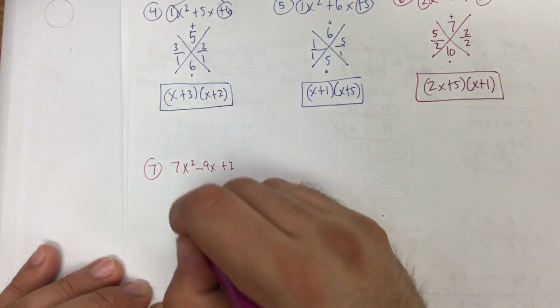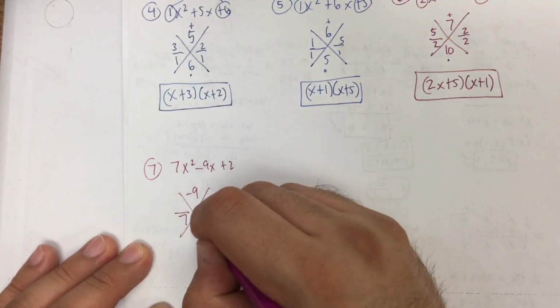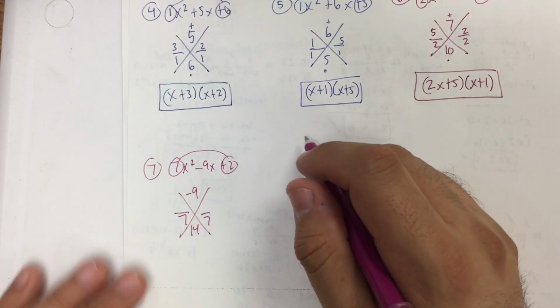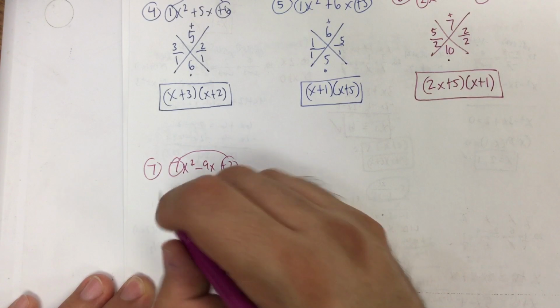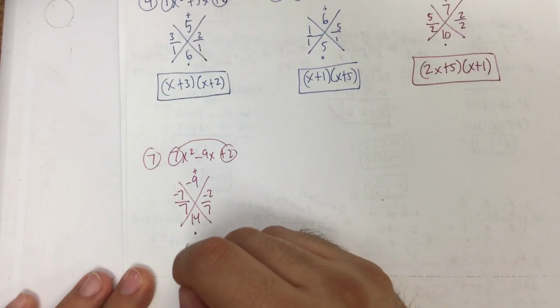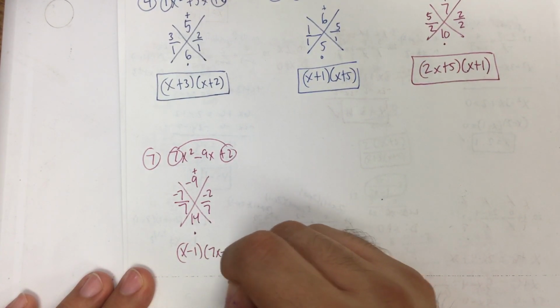So here, negative 9 on the top, dividing by my a value of 7. 7 times 2 is 14. So two numbers that add to negative 9 and multiply to 14 are going to be negative 7 and negative 2. Negative 7 divided by 7 is 1, so that's x minus 1. And this does not reduce, so 7x minus 2.